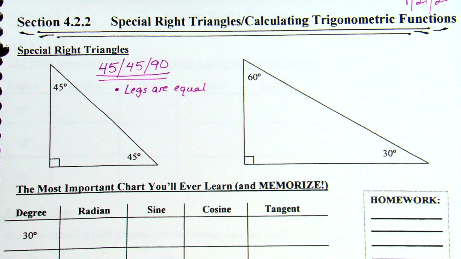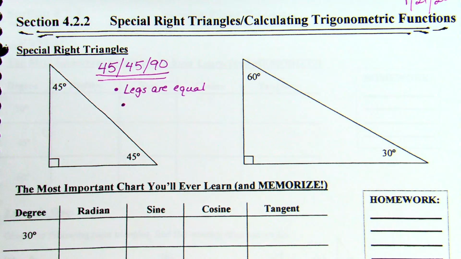Do you remember any connection about the hypotenuse? No? What if I throw out square root of 2 for you? How do we find the hypotenuse?